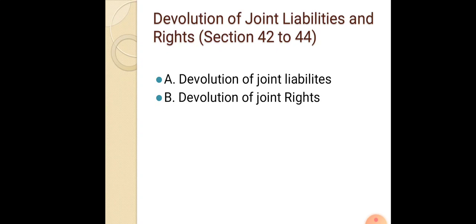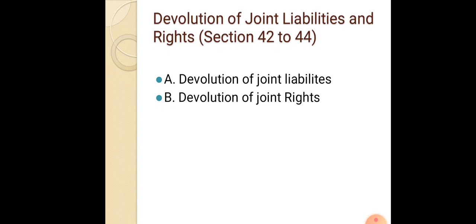Next, where one of the joint promisers has performed the promise, he is entitled to claim equal contribution from the other joint promisers. If a joint promisor makes a default, then the remaining joint promisors must share the loss equally. Thus, the liability of joint promisors is joint and several. That means they are together liable for the act.